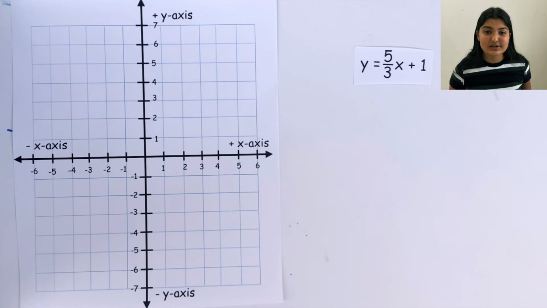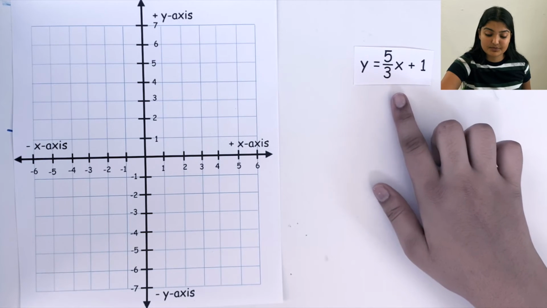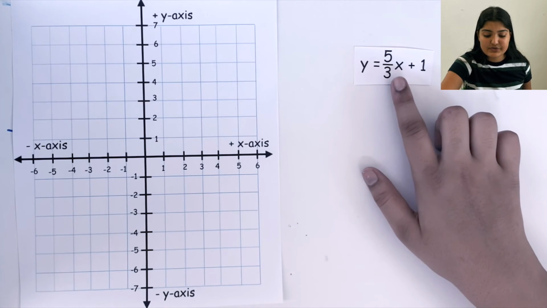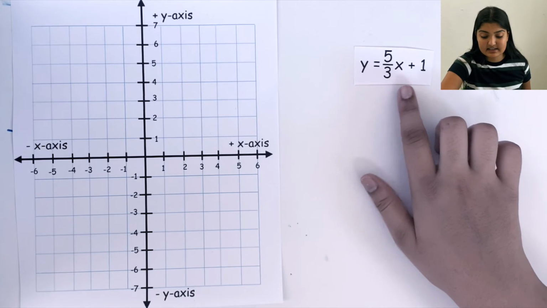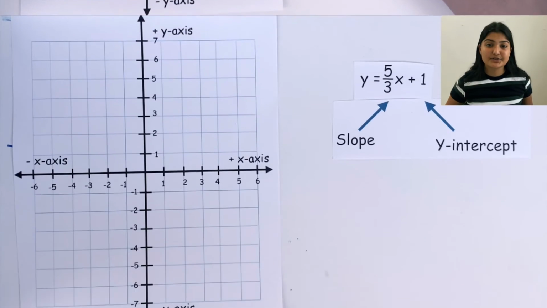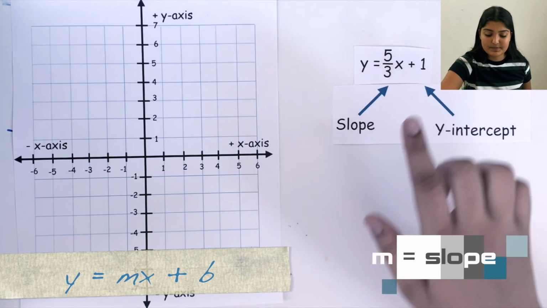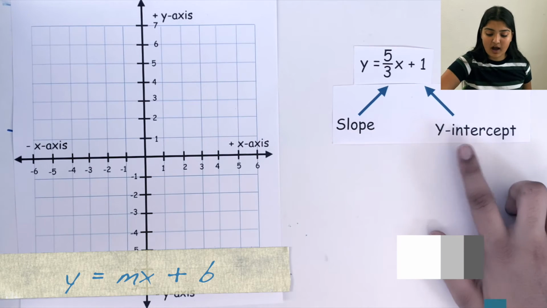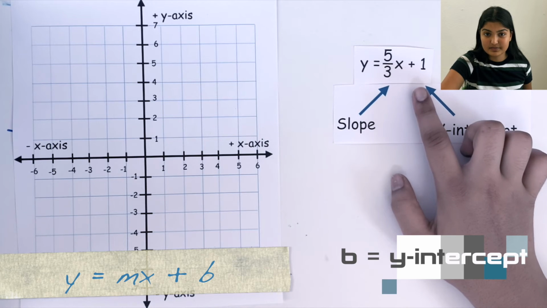Finally, let's graph a line using this equation. y is equal to 5/3 times x plus 1. For this equation, 5/3 is the slope of our line, and the y-intercept is positive 1.